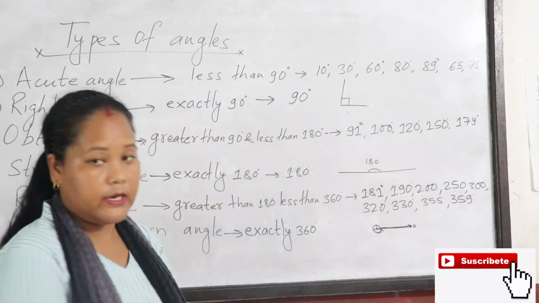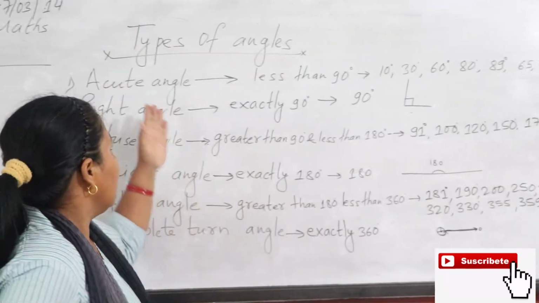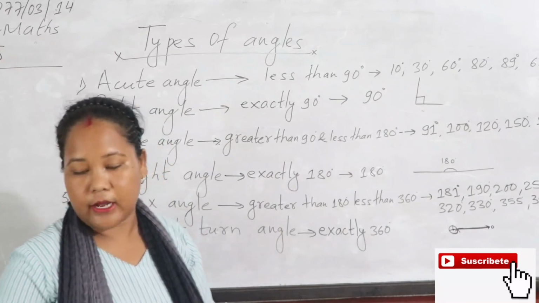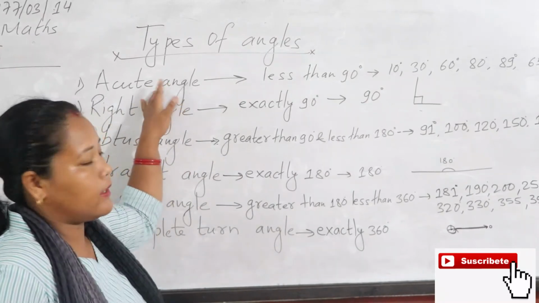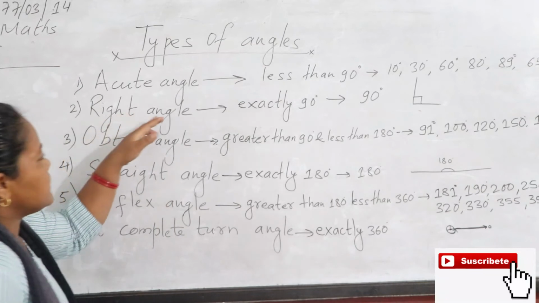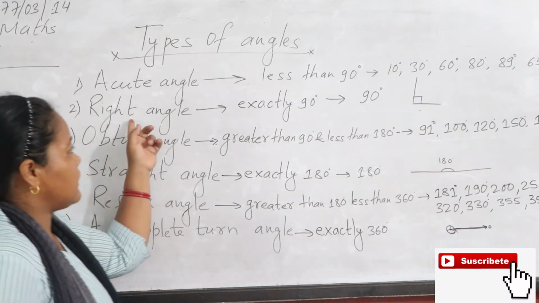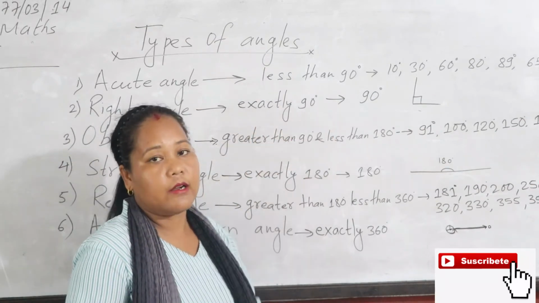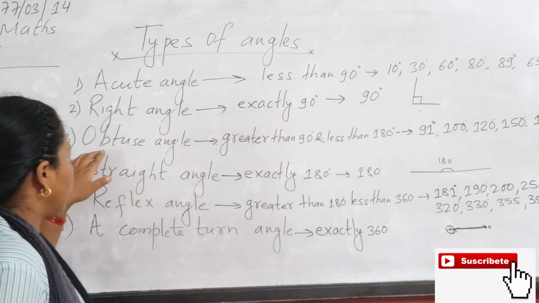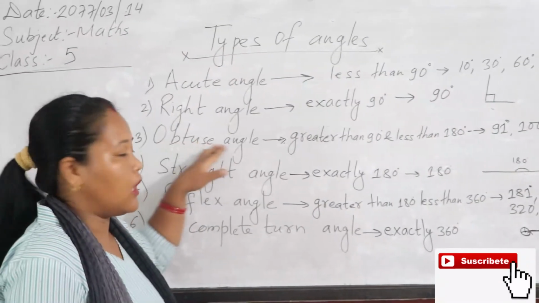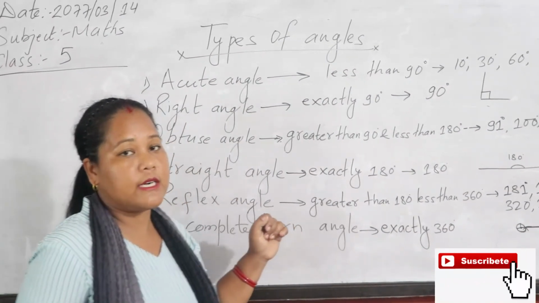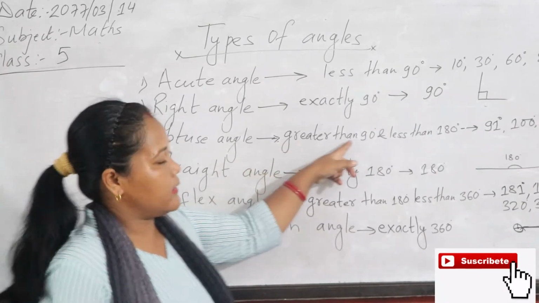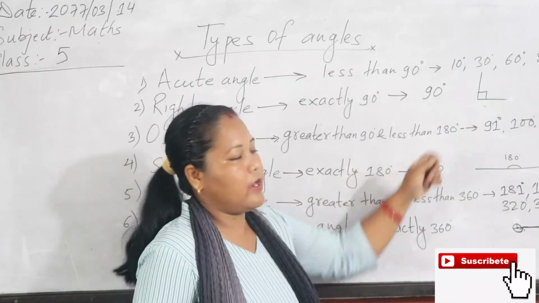Okay, dear students, again: acute angle is less than 90 degree. Those whose measurement is less than 90 degree are called acute angle. The second angle is right angle, whose measurement is exactly 90 degree. The third angle is obtuse angle. Obtuse angle says whose measurement is greater than 90 degree and less than 180 degree.